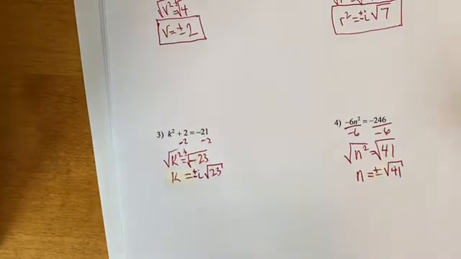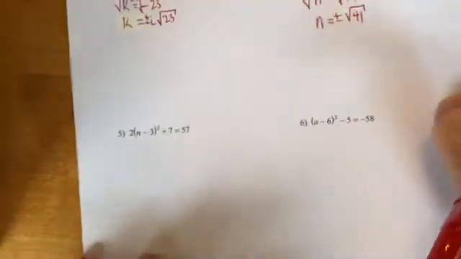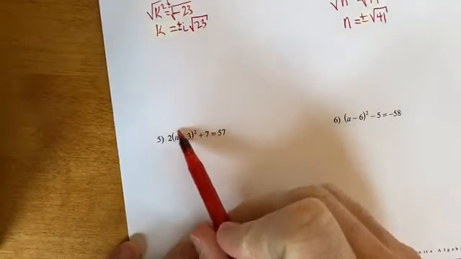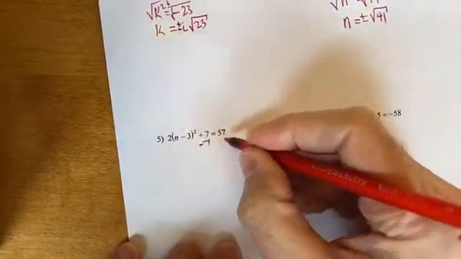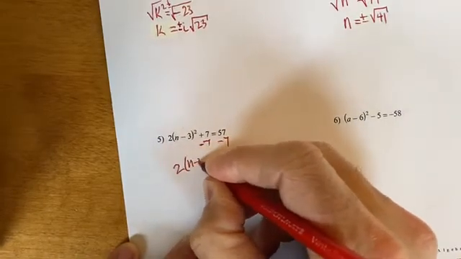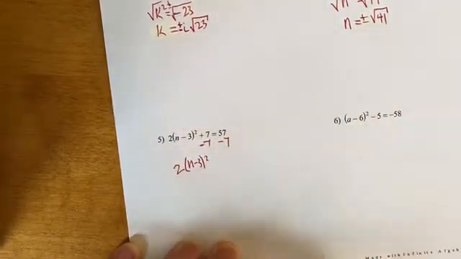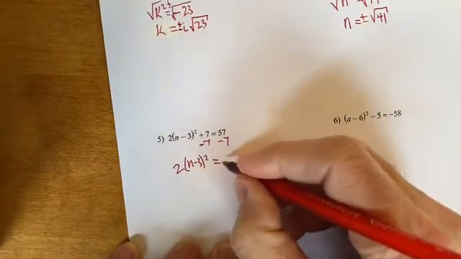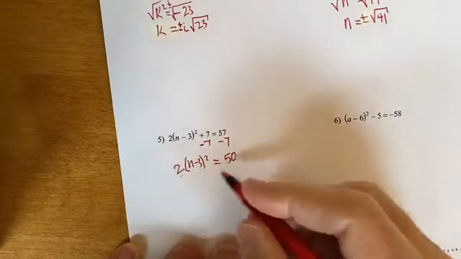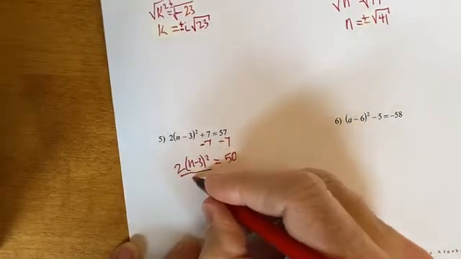Okay? Now the last two are a little trickier, but it's not too bad. You solve for the squared thing first. Subtract 7, and 2 times (n minus 3) squared equals 50. Now we're going to divide by 2. You don't distribute because it's squared.